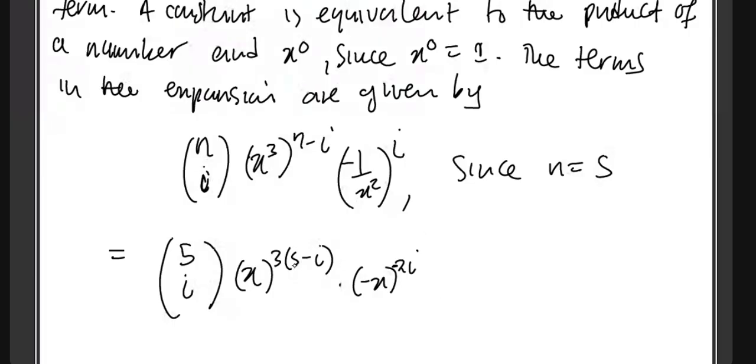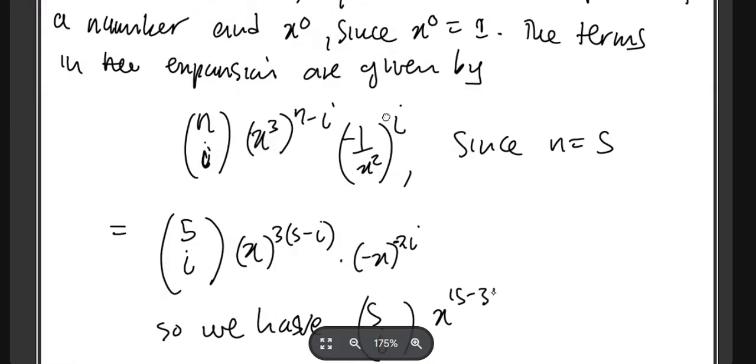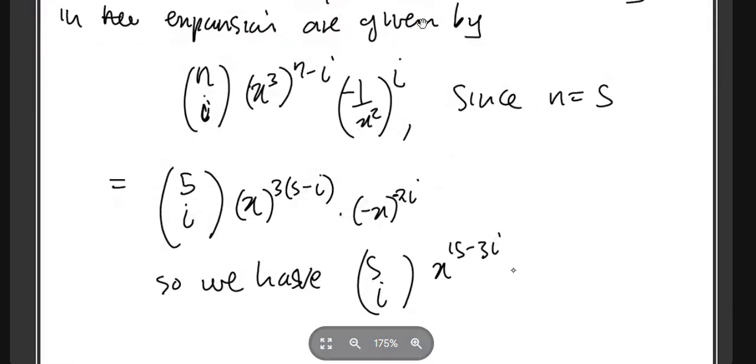So these two powers must be... We have 5 choose I, then x to the power 15 minus 3I, then x... let's see if I missed something.